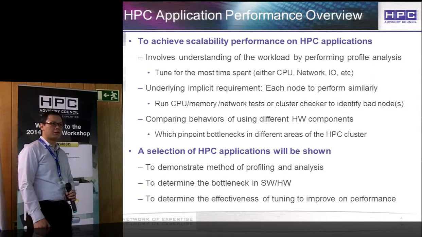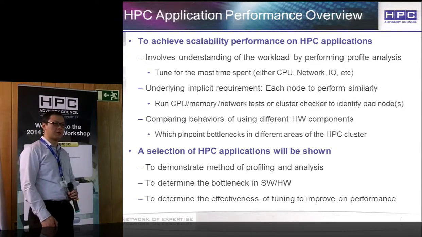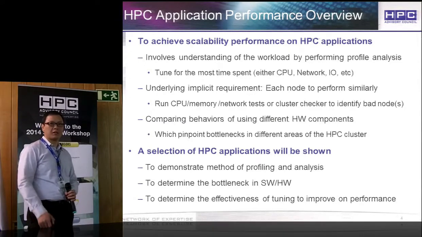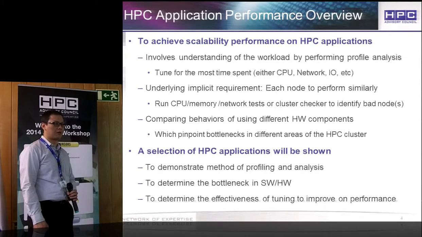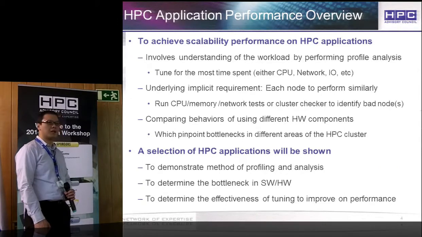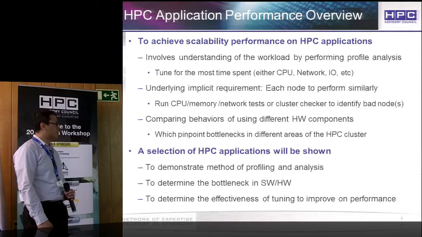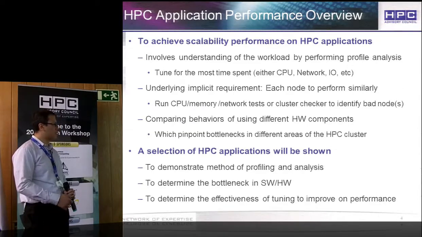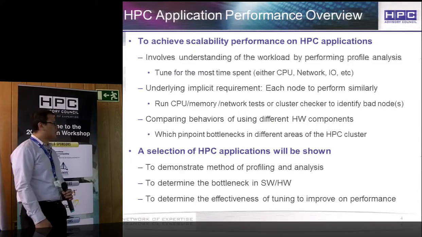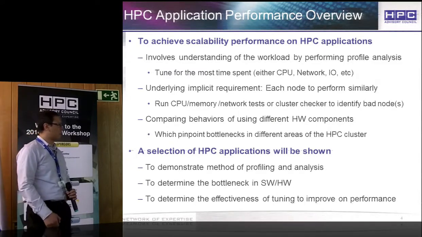Similar to the previous session from DDN, if you have one of the drives or one of the partitions misbehaving, it's going to slow down the I/O performance overall. This is something implicit, but really important in my opinion. There are CPU, memory, network and I/O tests that you can use to check for those, and I can show you on a subsequent slide.